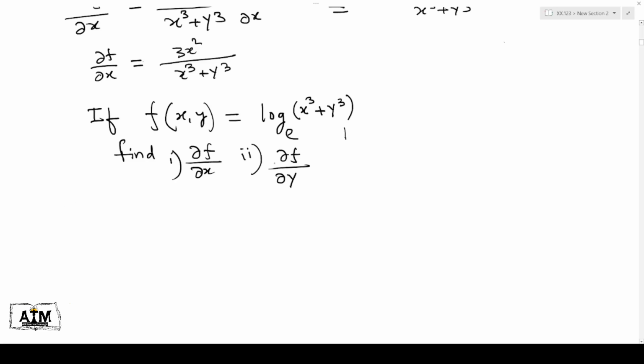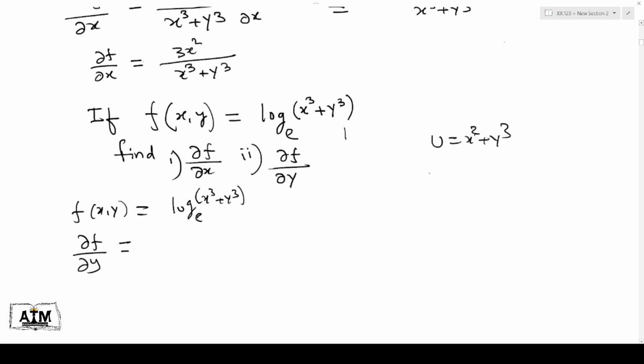Now we will find the partial derivative of f with respect to y. So we have f of xy equals log of x cube plus y cube to the base e. Now for dou f by dou y, here u is x cube plus y cube, and we know that the derivative of log u to the base e with respect to x equals 1 upon u into du by dx. So here we are doing a partial derivative, so in place of d, dou will come.